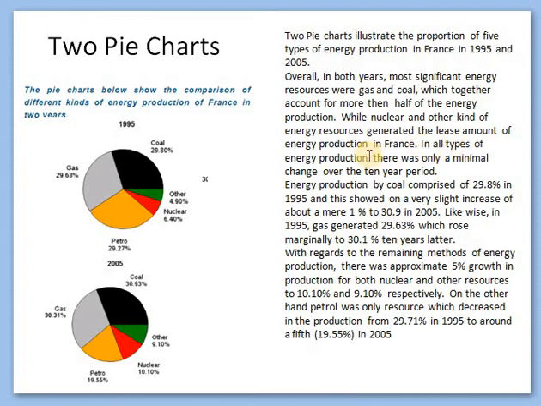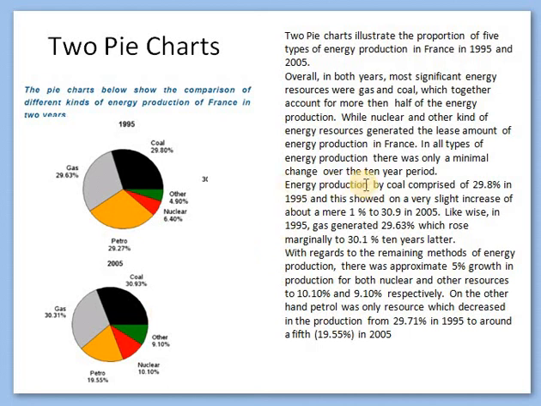In all types of energy production, there was only a minimal change over the 10 years, because gas is 29 to 30 almost, except petrol. In almost all cases there is a minimal change.